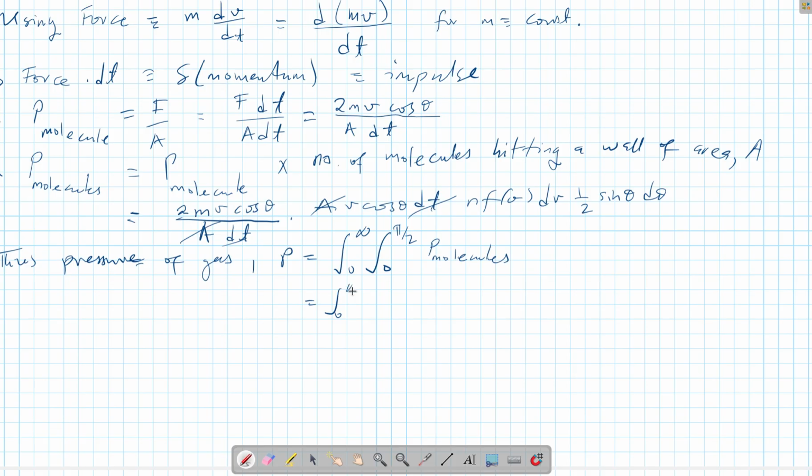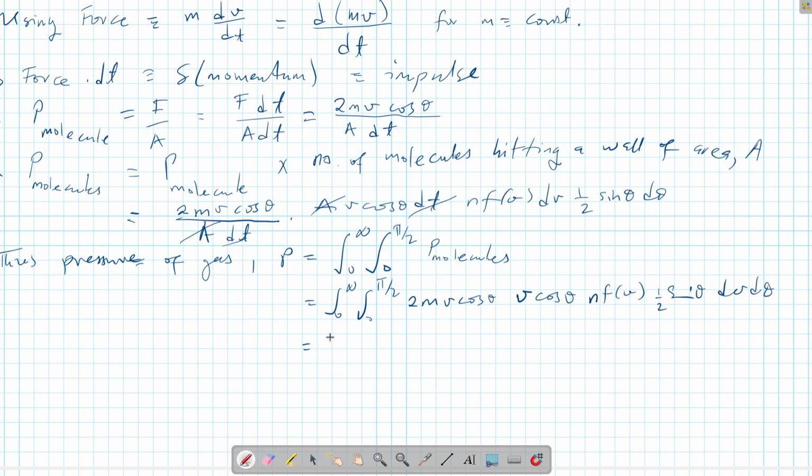So this is 0 to infinity, 0 to pi by 2, 2 mv cos theta, v cos theta, n f of v, 1 over 2 sin theta dv d theta, right?